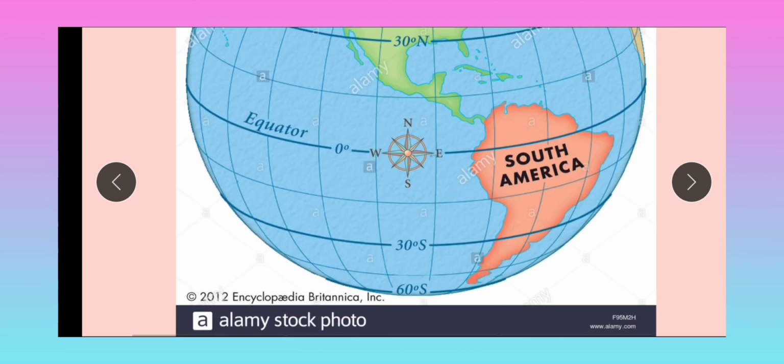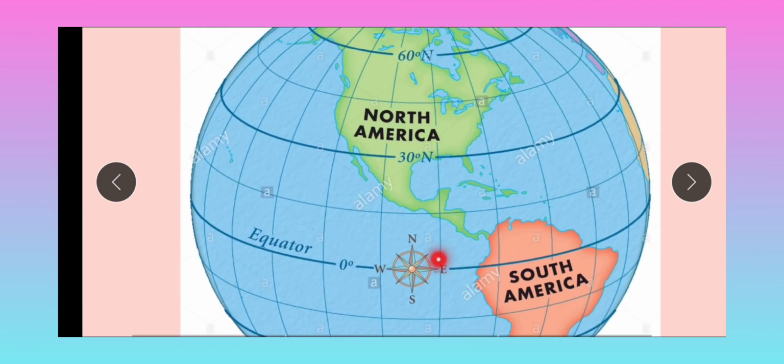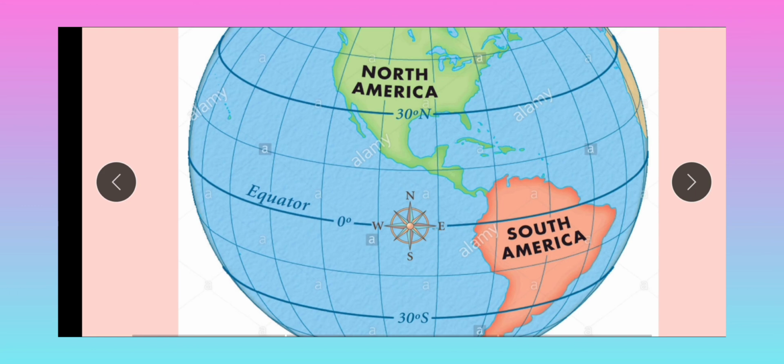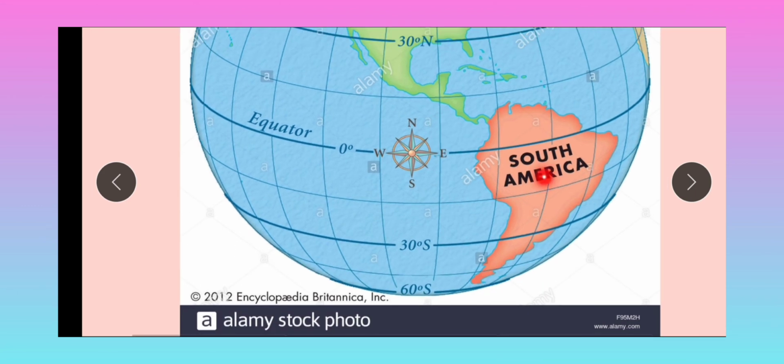Likewise, if longitudes are also measured, we can see that South America is located from 30 degree south to 0 degree equator, and from 20 degree east to 120 degree west.